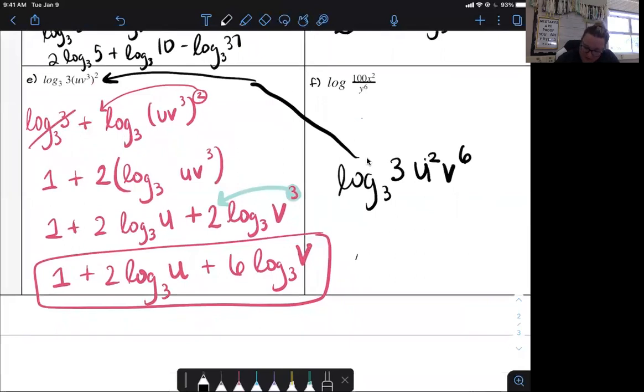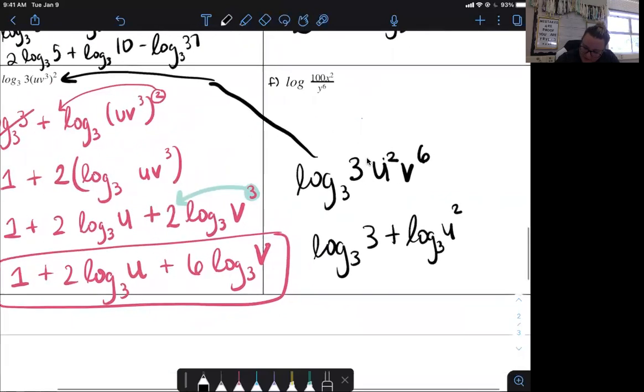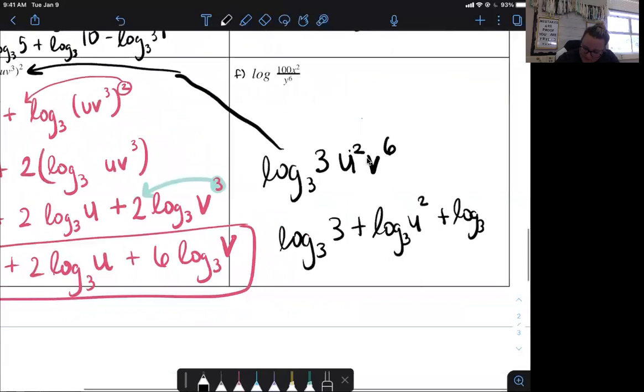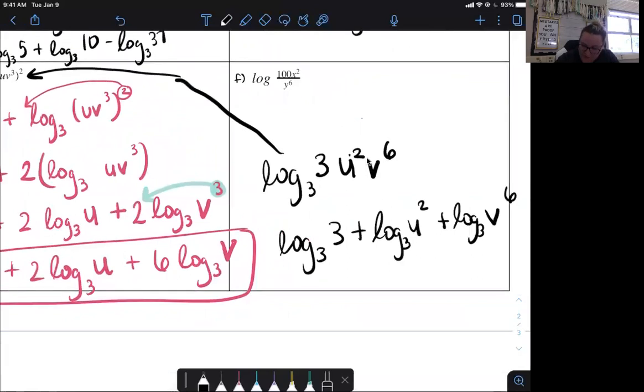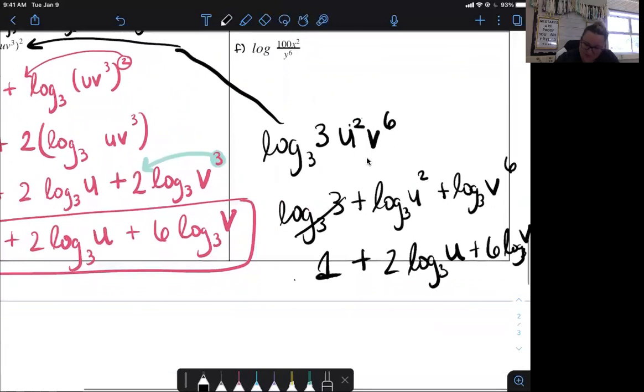And then we could go ahead and write this out as log base 3 of 3 plus the log base 3 of u squared plus the log base 3 of v to the 6th. And we'd end up with 1 plus 2 times the log base 3 of u plus 6 times the log base 3 of v, which is the exact same answer we had doing it the other way.